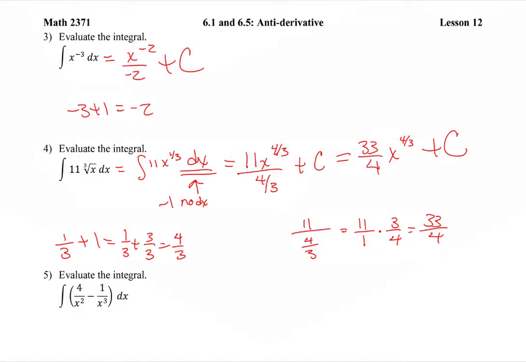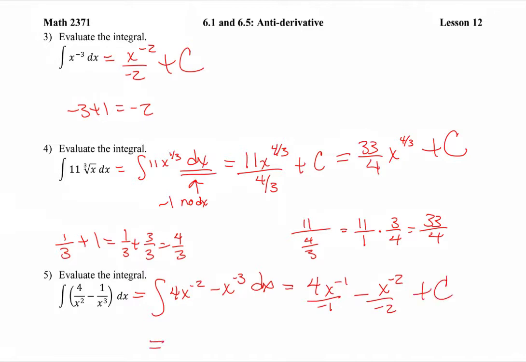Okay? To integrate this, we have to rewrite it. The integral of 4x to the negative 2 minus x to the negative 3 dx equals 4x to the negative 1 over negative 1 minus x to the negative 2 over negative 2 plus c.